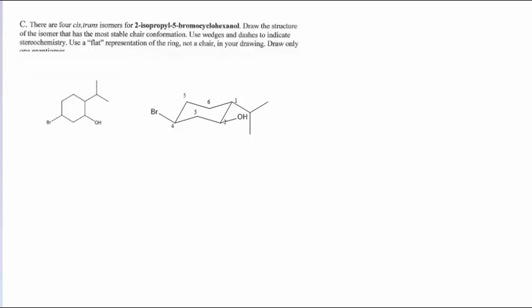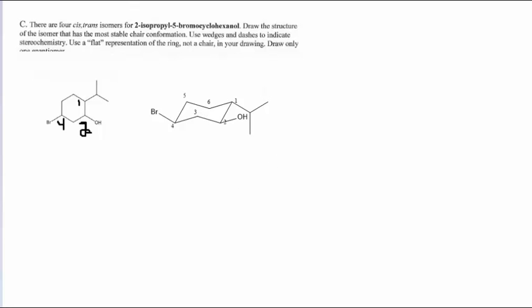So if I were going to number it, this is 1, this is 2, and this is 4. And remember, this numbering does not reflect nomenclature. We're simply numbering the carbons so we can keep track of them. So I want all of these substituents to be equatorial if I want the most stable chair conformation.